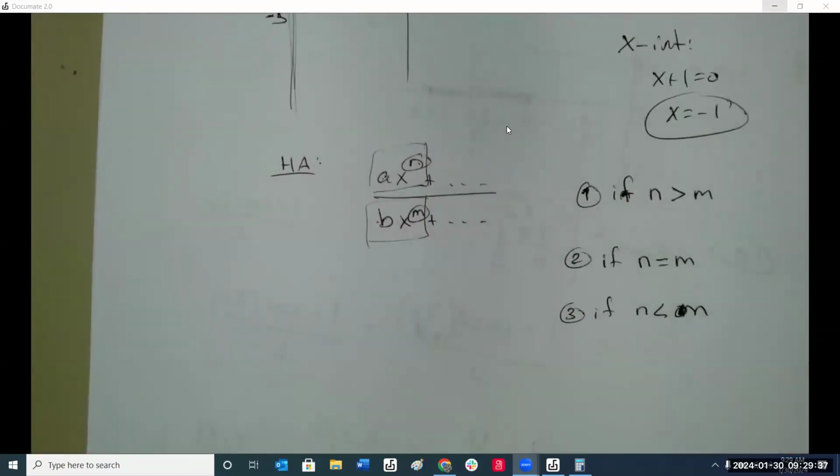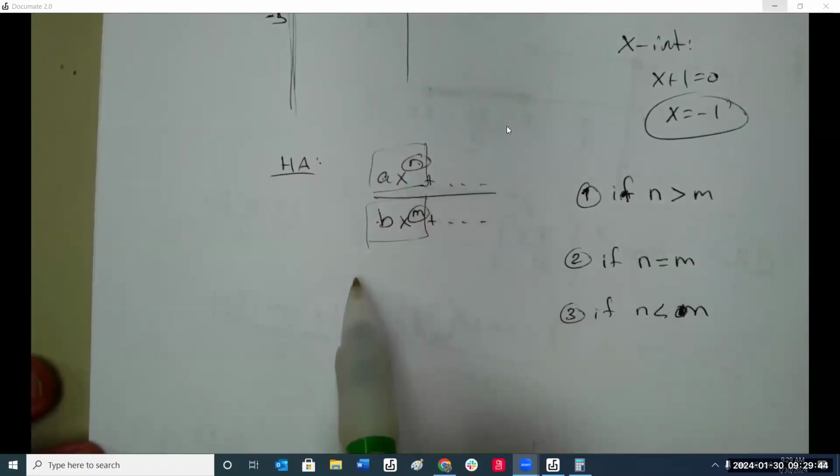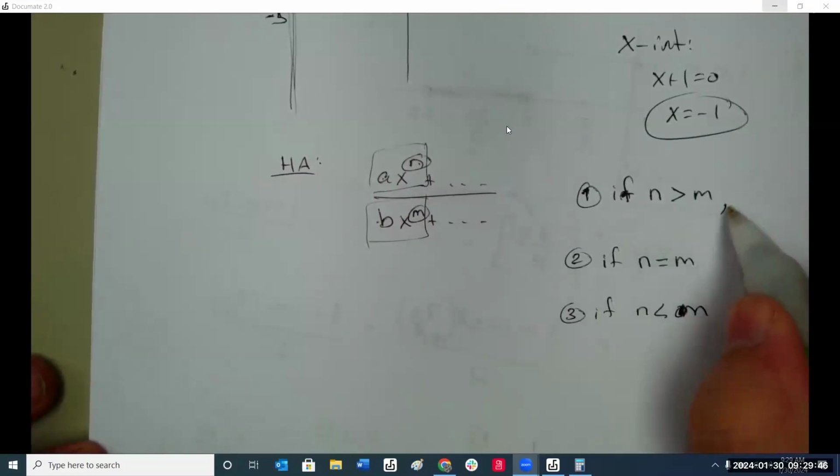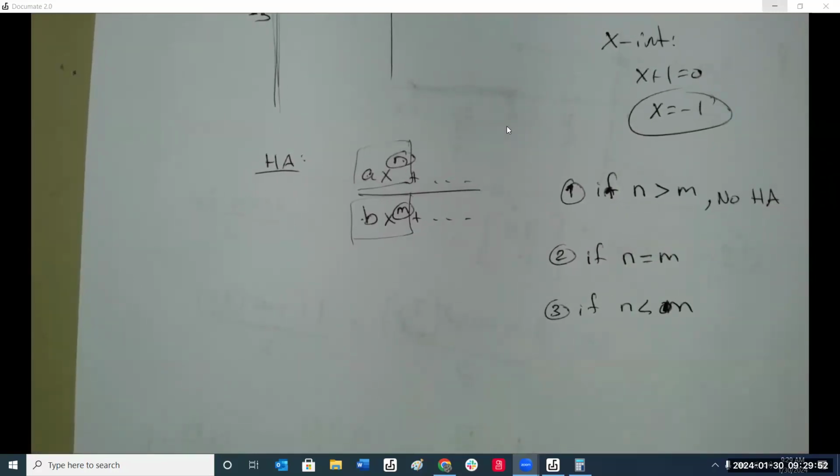N is on top, M is on the bottom. If you have more X's on top than the bottom, you have no horizontal asymptote because it keeps on going forever and ever to infinity.